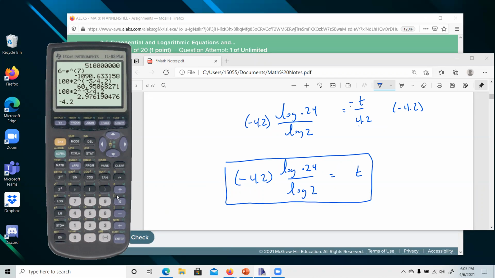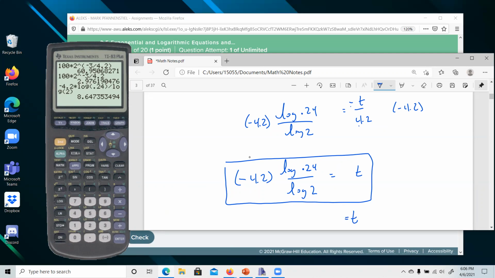Negative 4.2 times log of 0.24 in parentheses, divided by log of 2. We got t is equal to 8.647 and some change. They said round to the nearest tenth of a day, 8.6 days.